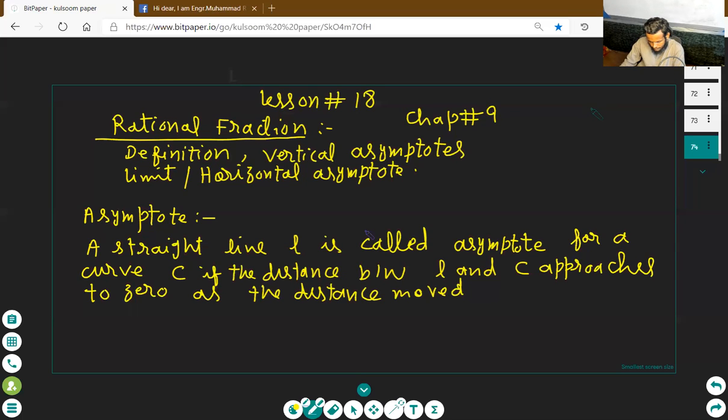The distance between L and C approaches zero as the distance moves along L from some fixed point.